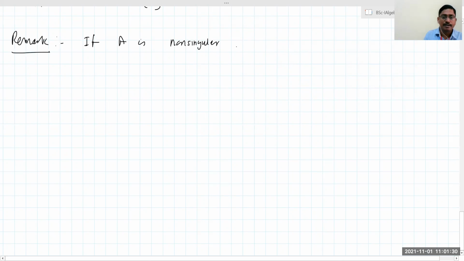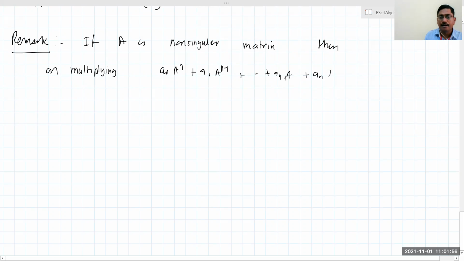If A is a non-singular matrix, then on multiplying a naught a raised to n plus a1 a raised to n minus 1 and so on, an minus 1 a and an I by a inverse, what do you get?